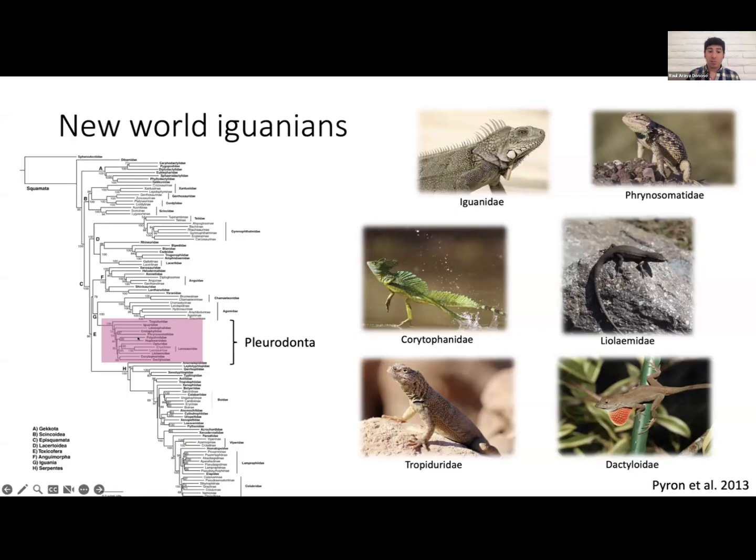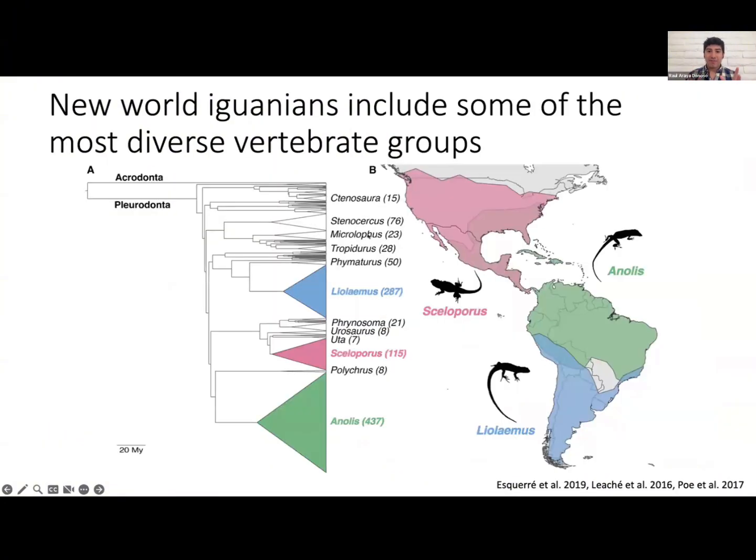This is only a small group within these species, but it includes some of the most beautiful and striking types of lizards: iguanas, spiny lizards, and anoles, which I'm sure you're familiar with or have seen before. So why do I work with these guys? Because they are some of the most diverse vertebrate groups.